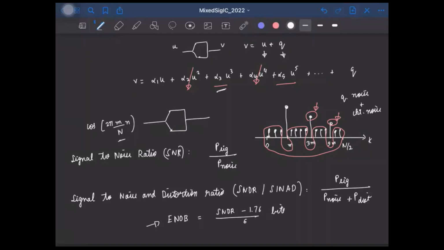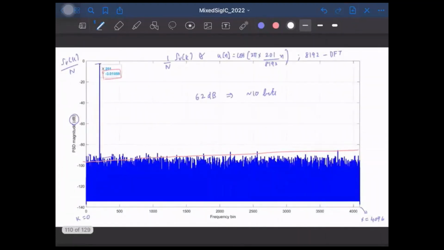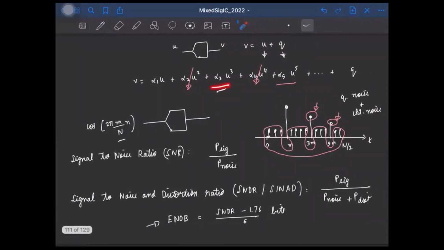Let's say I give the same input as this, that is cos 2 pi times 201 by 8192 times n, this sinusoid, to an ADC which has both third and fifth harmonic distortions, that is, both third and fifth order nonlinearity. Let's see what the spectrum is.